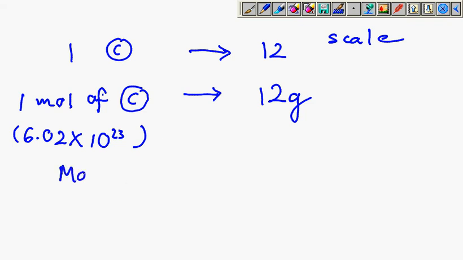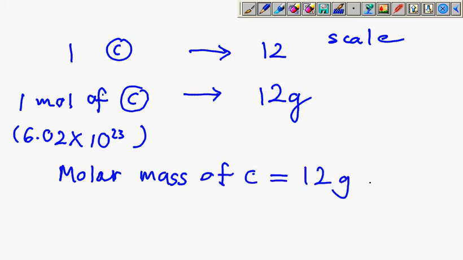See, molar mass is simply relative atomic mass with units. This unit is what we call 12 gram per mole, because the keyword here tells us the unit. Is it 1 mole will have 12 gram, so isn't it 12 gram per mole?